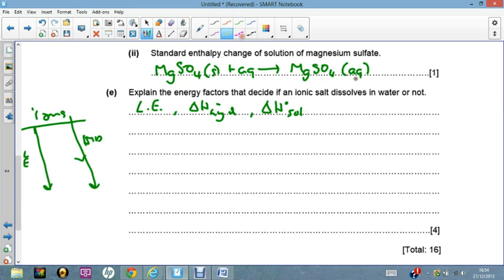They're the things that decide whether something dissolves. Then we're going to say if lattice enthalpy is very exothermic, so if this arrow is really big, then solution will tend to be endothermic.